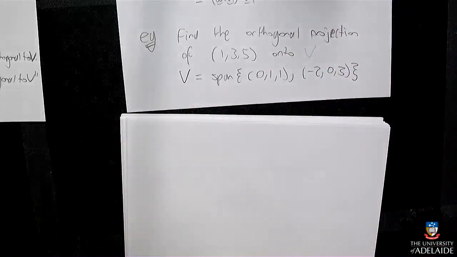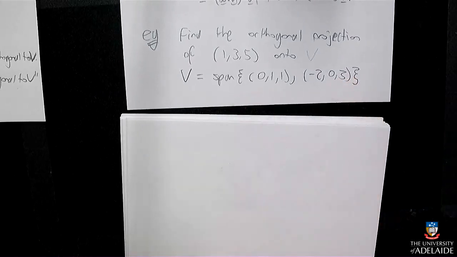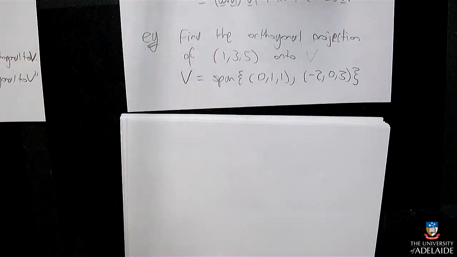Okay, that's going to be my example. So I have all the pieces I need. I have a vector space, I have a subspace that I'm projecting onto, and I have a vector that I want to project onto it. So I'm finding the projection onto V of (1, 3, 5).